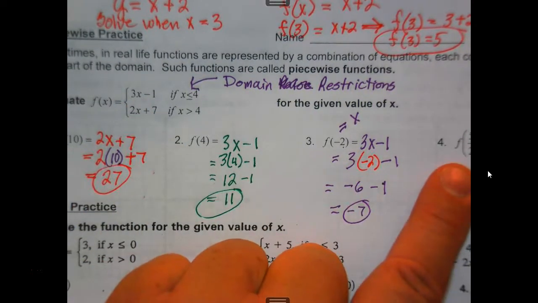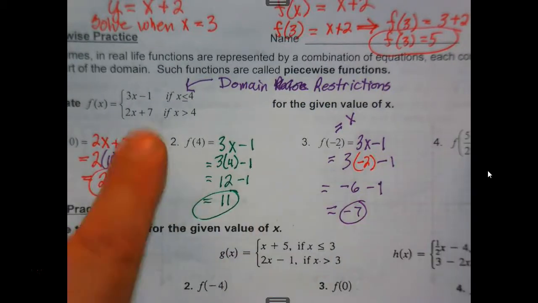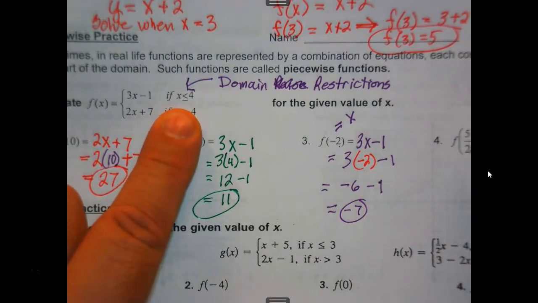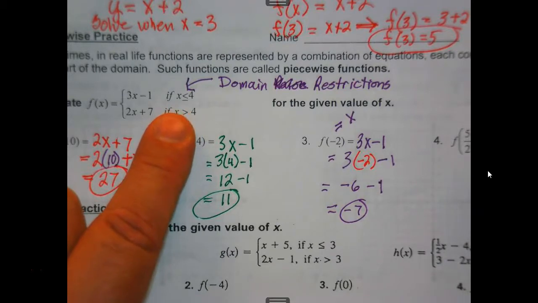What about 5 halves? Is 5 halves less than or equal to 4? How about make that a decimal? 2.5, right? Is that less than or equal to 4? Yes, we have to use the top one, right?